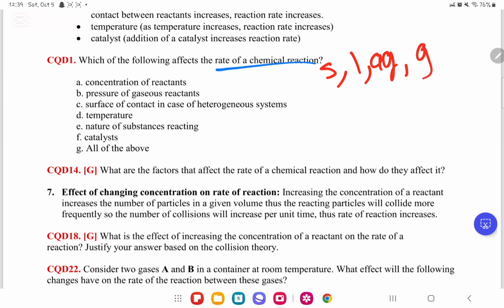So definitely the concentration of reactants affects the chemical reaction. Definitely the pressure of gaseous reactants affects it. Definitely the surface of contact in heterogeneous systems or solids affects it. Definitely the temperature affects it. Definitely the nature, meaning if it's solid, liquid, aqueous, or gaseous, will affect it. And finally, the catalyst will for sure affect it. So our answer is all of the above.